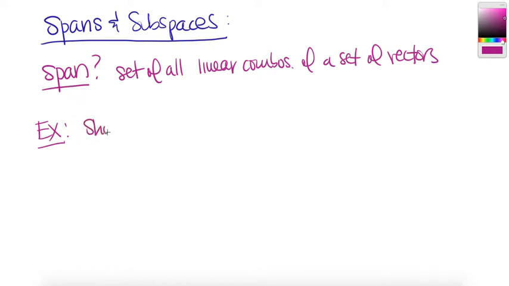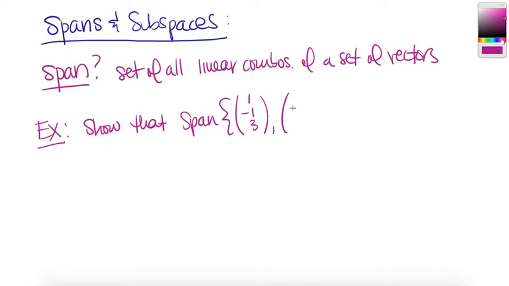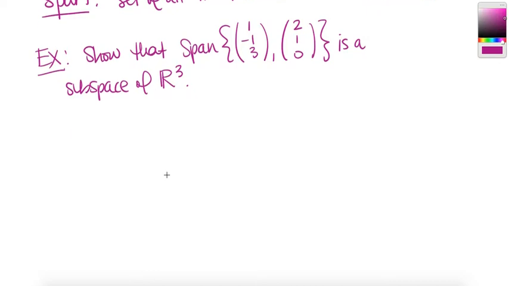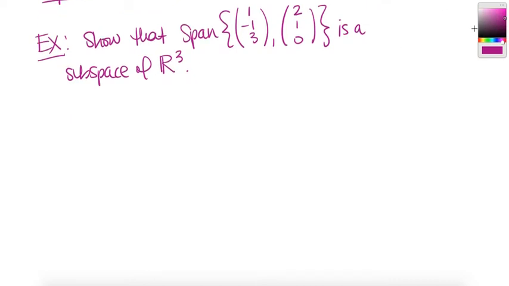We are going to show that the span of the following vectors, (1, -1, 3) and (2, 1, 0), is a subspace of R3. So we need to show that it satisfies those three conditions that we talked about in the last video.